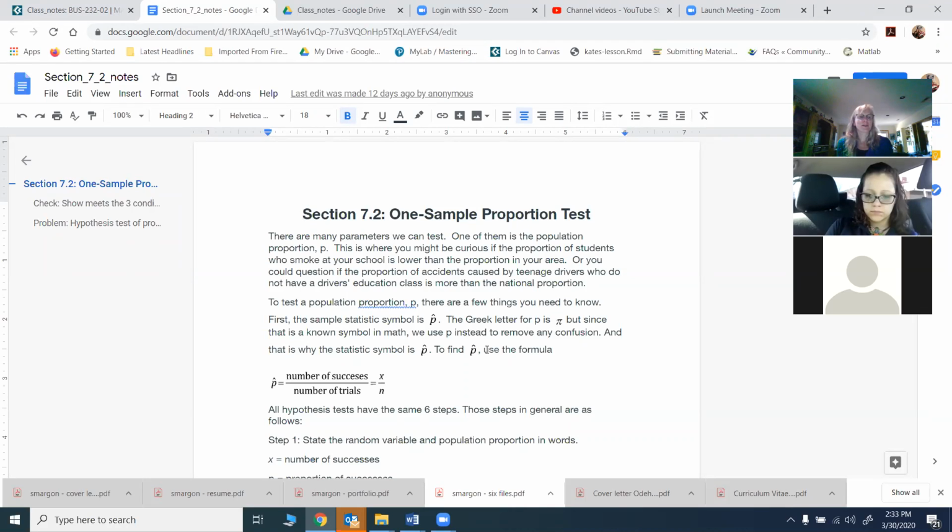I want to make the comment that I'm not showing you how to physically calculate the formulas for these, because that's not the important part of a hypothesis test. The important part is being able to make a guess, collect the data, do the hypothesis test, and then come up with a conclusion based on that.